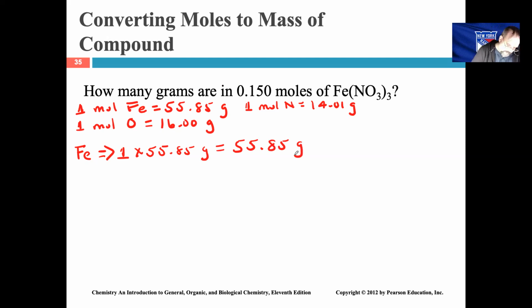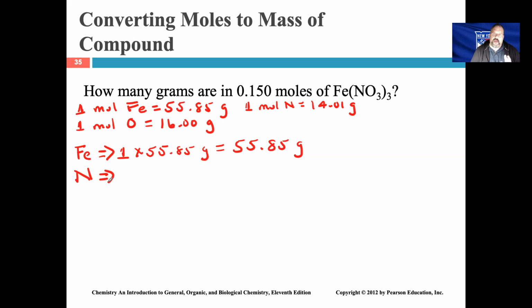Okay. So for nitrogen, the chemical formula tells us that there are 3 moles of nitrate ions, which have NO3 in parentheses 3. Within that, how many moles of nitrogen would you have? Well, for every nitrate ion in the formula NO3, there's 1 mole of nitrogen.